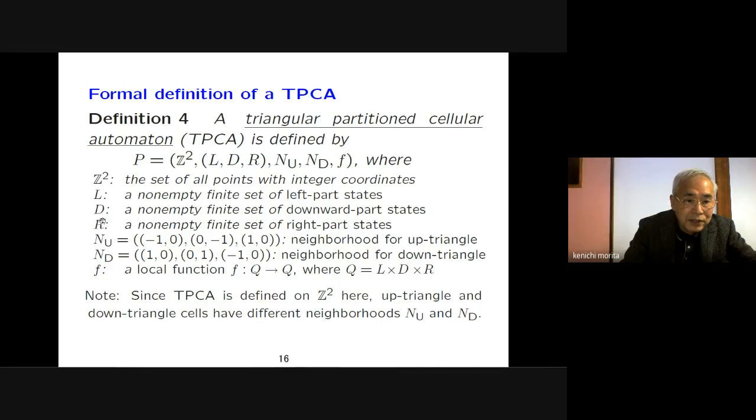L, D, and R are non-empty finite sets of left part, downward part, and right part states. And NU and ND are neighborhoods for up triangle cells and down triangle cells. And small f is a local function.